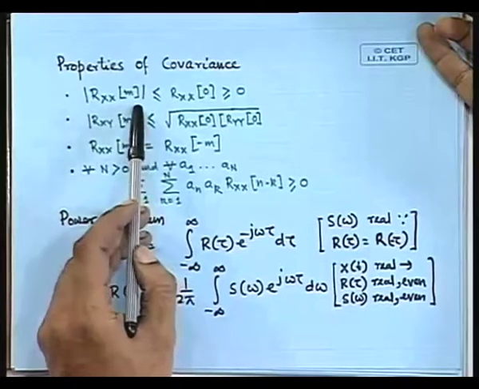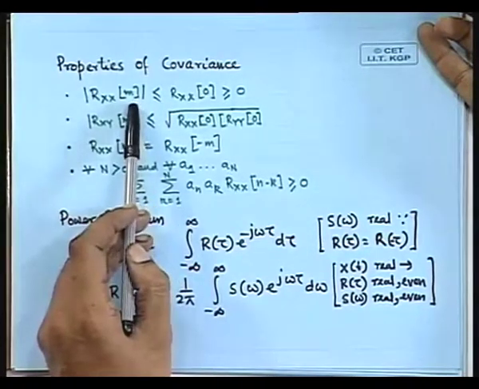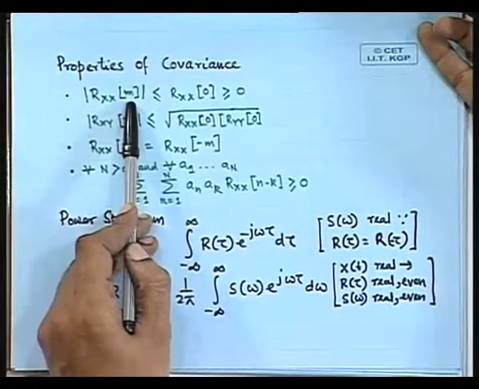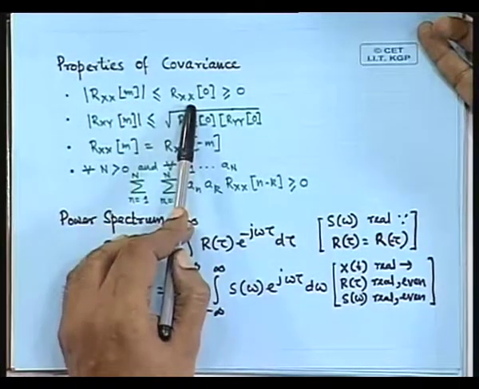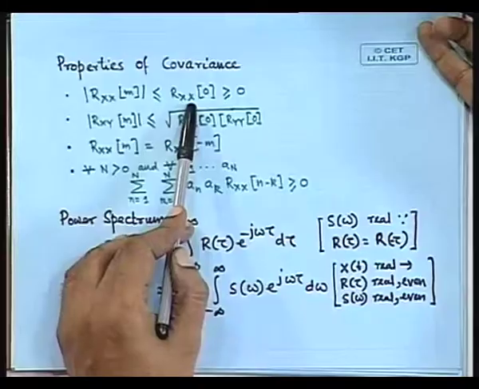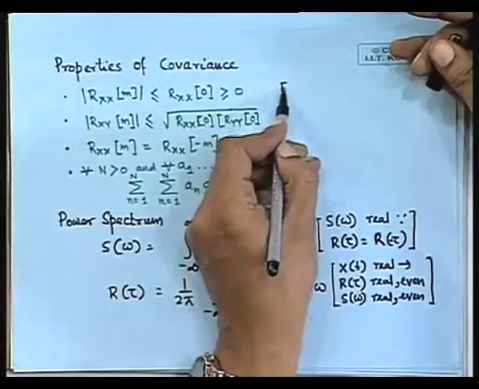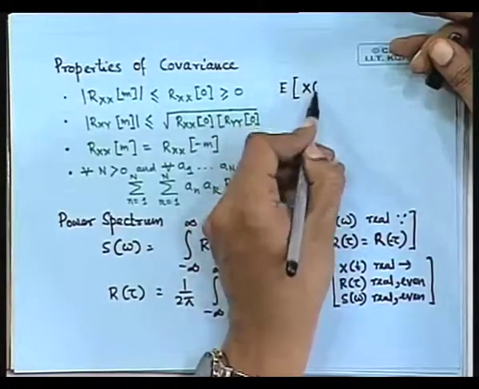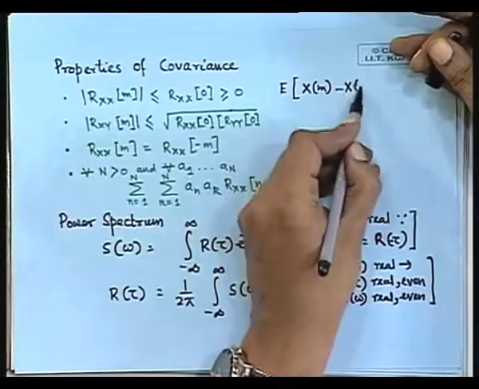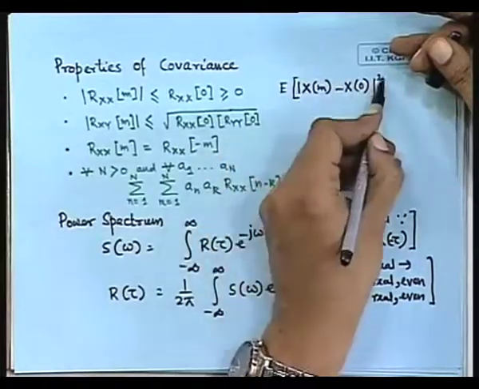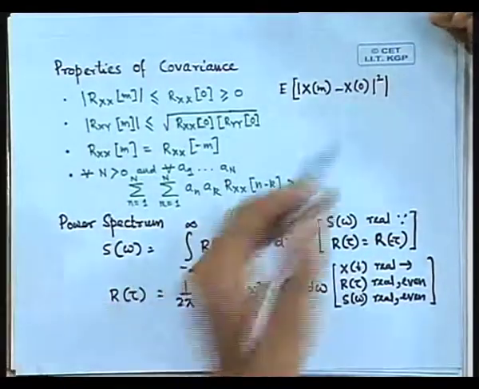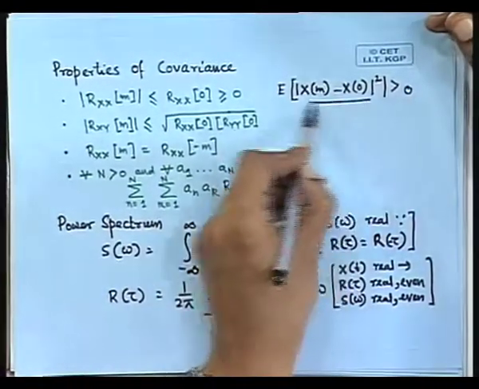That is, the autocorrelation function with any value of m is going to be less than or equal to the autocorrelation function at 0. This is very interesting to prove, and it's very easy to prove actually if you realize that this must be greater than 0, because each term is positive and all probability density functions are positive.